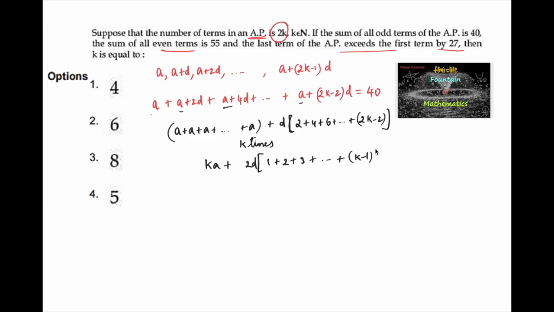It's a sum of k minus 1 terms. We know sum of n natural numbers is n into n plus 1 by 2. So sum of k minus 1 terms we can write k minus 1 into k minus 1 plus 1, that is k, divided by 2. So finally we can write ka plus k into k minus 1 of d, which is equal to 40. Let's say this is equation 1.